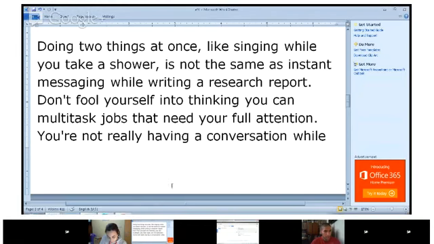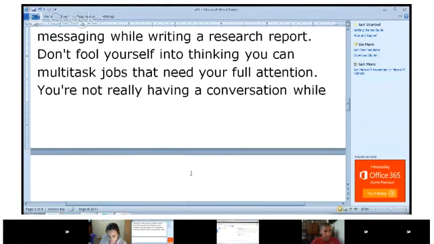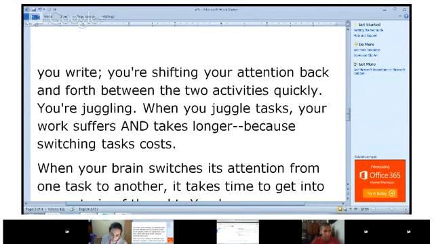You are not really having a conversation while you write, you are shifting your attention back and forth between the two activities quickly. You are juggling. When you juggle tasks, your work suffers and takes longer because switching tasks costs.